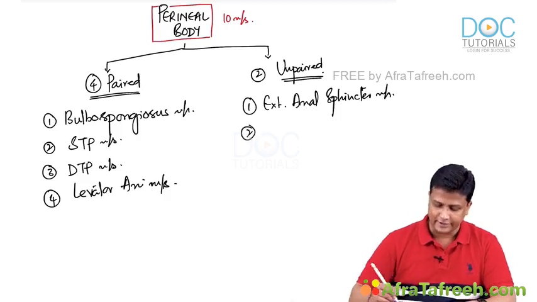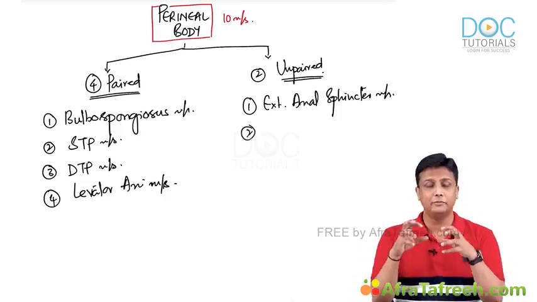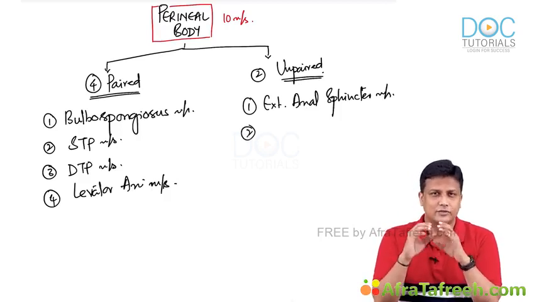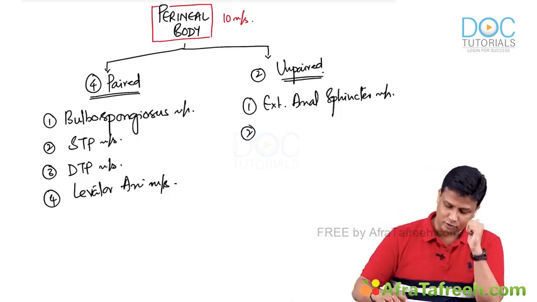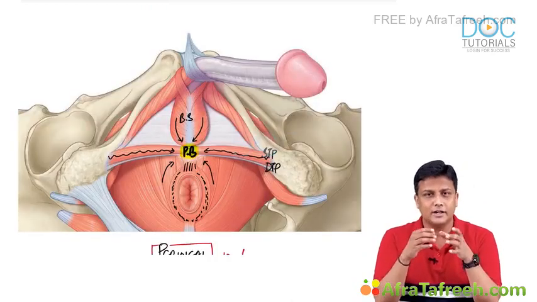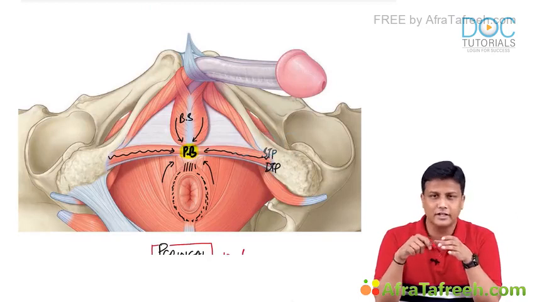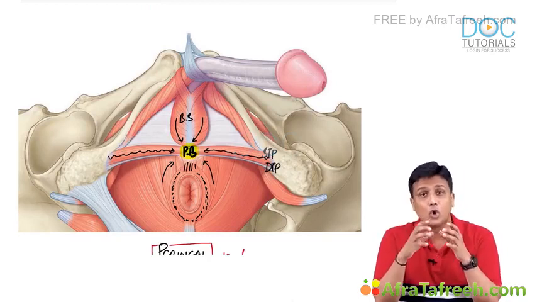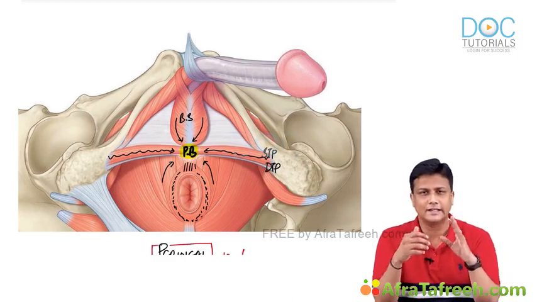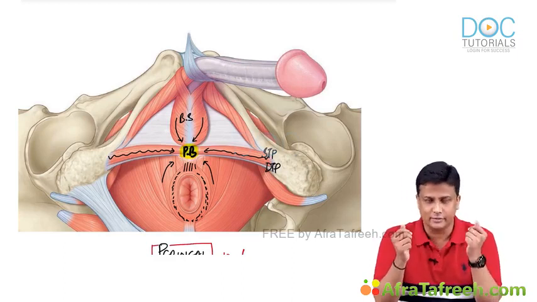And the last and final one, which is meeting at the perineal body, will be the muscle present inside, guys, which we cannot show in the diagram here. So you just have to imagine inside you have got the anal canal, and in the wall of the anal canal you'll actually have the longitudinal muscles. Throughout the GIT there are circular muscles and longitudinal muscles.